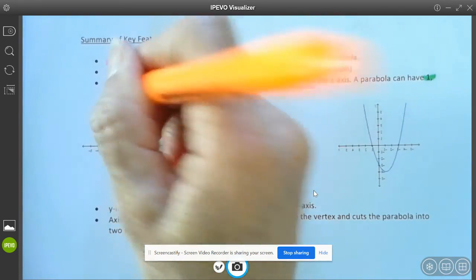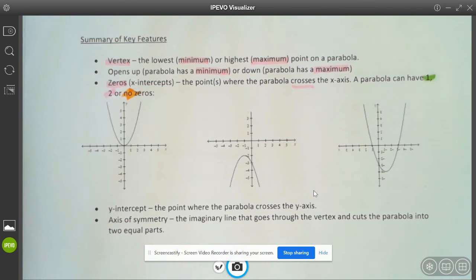Take a minute, look at these 3 pictures, and tell me which one has 1 zero, which one has no zeros, and which one has 2 zeros. I'll give you a minute. Maybe not a minute.